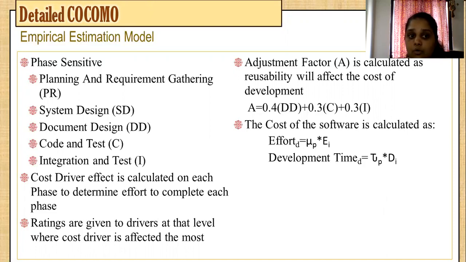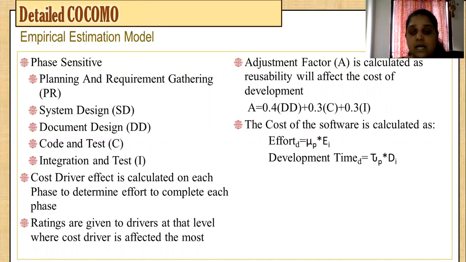In intermediate COCOMO, we just had the cost drivers, we calculated the EAF, and we completed our intermediate COCOMO. But cost drivers here will be affected in each and every different phase of development. So you can say that during planning, a certain part will be more affected. During design, a certain part of the cost driver will be highly affected.